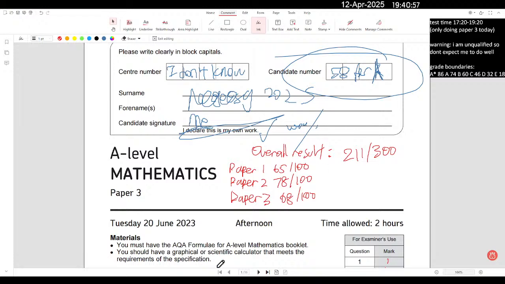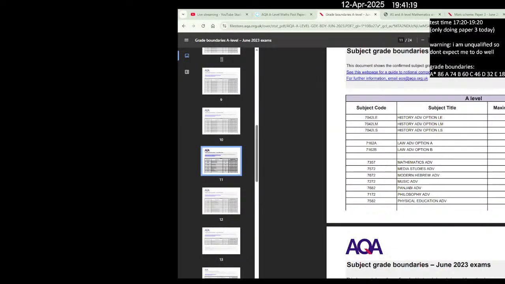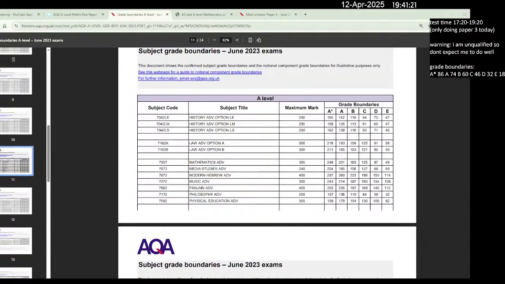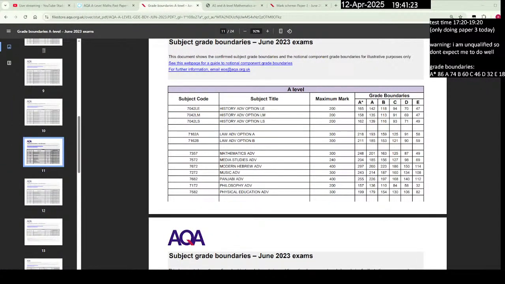What grade is that? Let's find out. I'm pretty sure it's an A, but I need to look at it again. So, if you go look at the grade boundaries for this exam. What happened to my window? Oh, there it is. It's the grade boundaries for this exam.